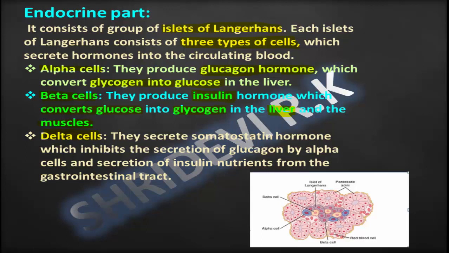Excess blood glucose is converted into glycogen by the action of insulin, and deficiency of insulin results in a clinical condition called diabetes mellitus. Diabetes is caused due to insufficient secretion of insulin, and insulin converts blood glucose into glycogen.